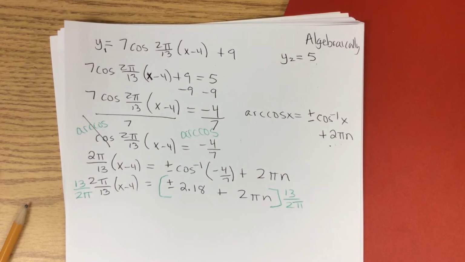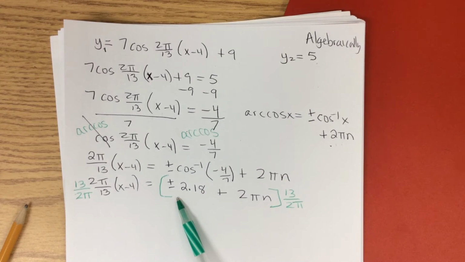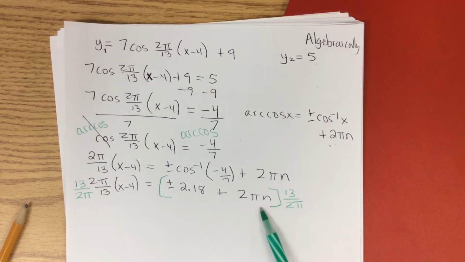When you multiply both sides by 13 over 2 pi, on the right-hand side, this is, Audrey, a distributive property. You have to multiply the 13 over 2 pi times the plus or minus 2.18 and the 2 pi n.